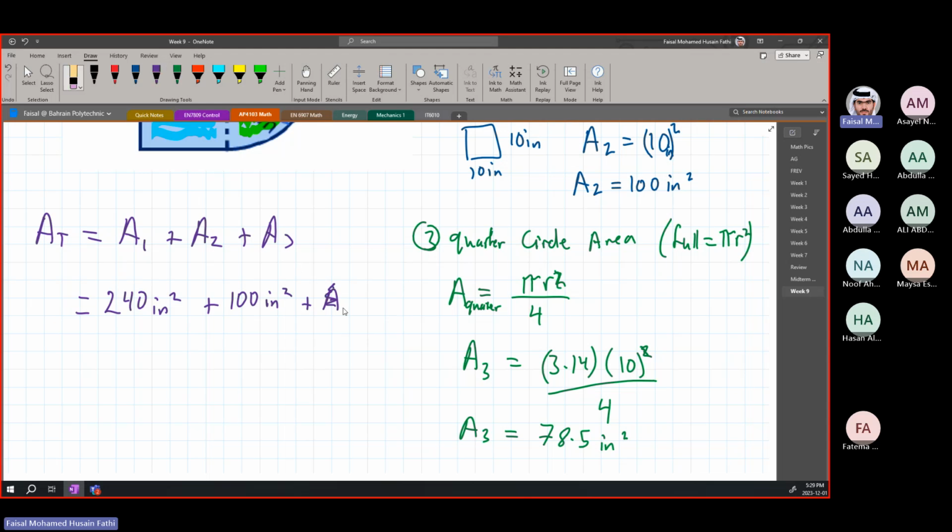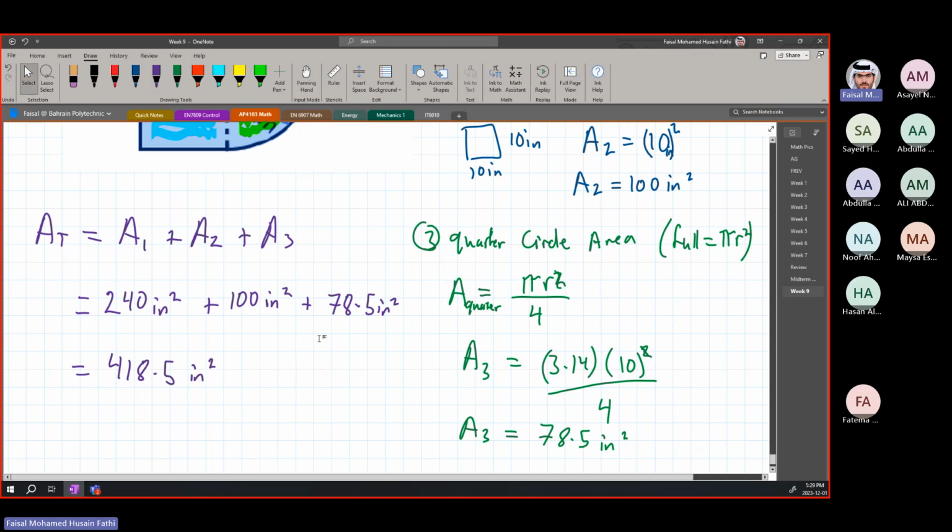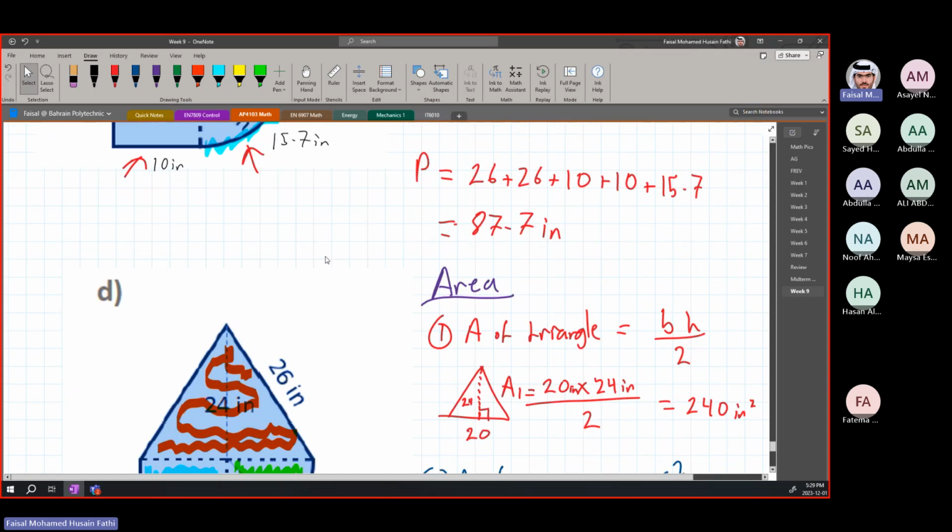You can put them all in the calculator and you will find your final answer. So it is going to be 240 plus 100 plus 78.5, 418.5 inches squared. And that's it. We found the total perimeter and total area.